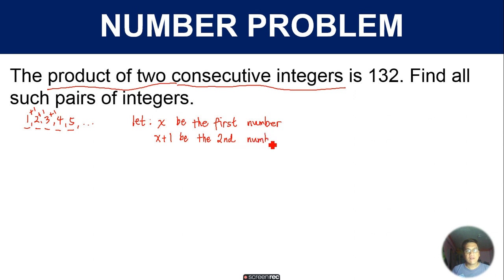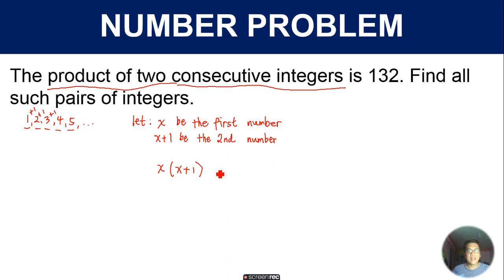Alright. Now, let us write the equation. Understand properly the given problem. The product, the multiplication of the two consecutive integers. We represented already the two consecutive integers, x and then x plus 1. So, represent the product: x times x plus 1.